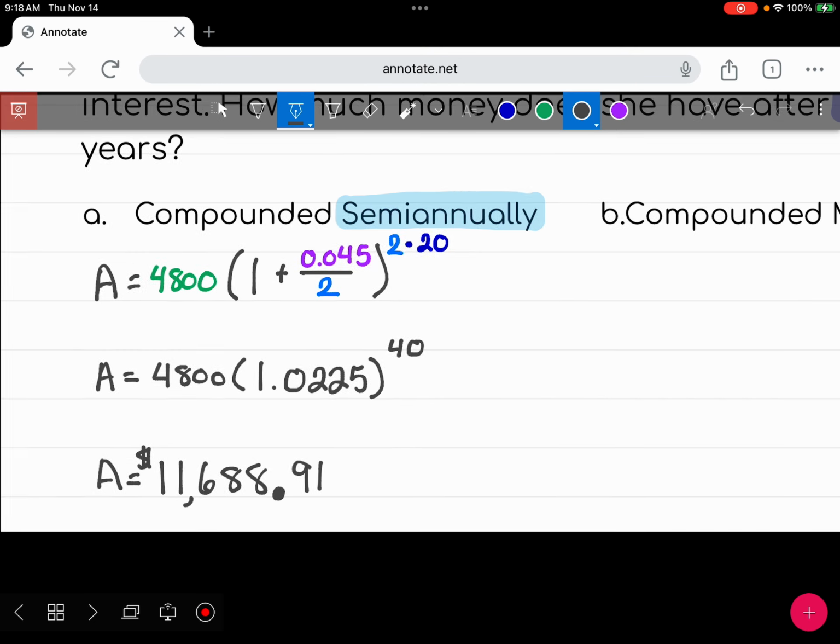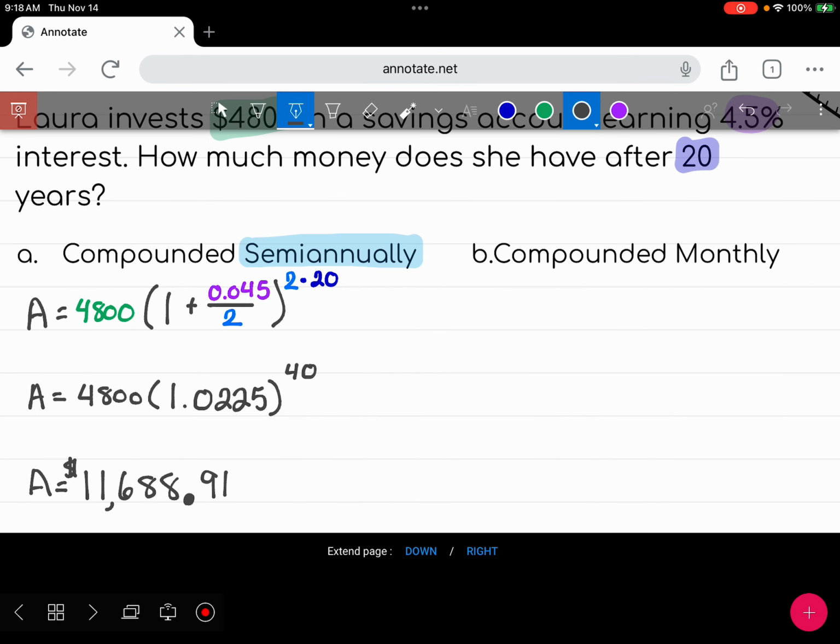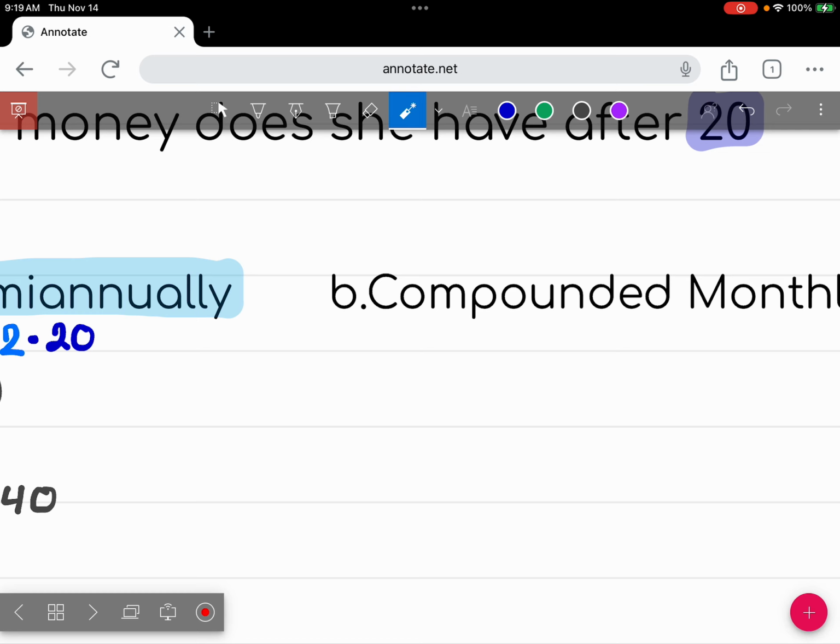So what if she found a better bank that had the exact same interest rate, but this time they were going to compound monthly? What is going to be different between this equation and this equation? The n. What was a 2 is going to be a 12. Everything else is the same.